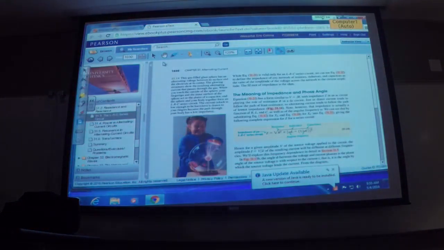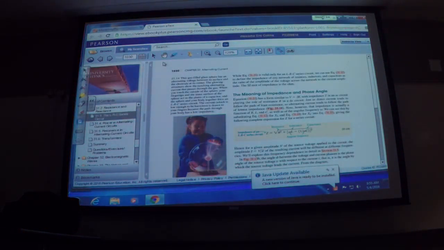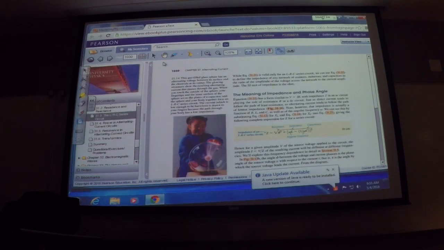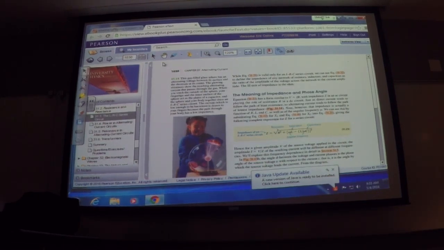My suggestion is just calculate the reactances separately, so it makes it a little simpler. Especially since if there's no capacitor in the circuit, you might be tempted to put 0 in for the capacitance, which would blow this thing up. So you can't do that. It's the reactance that's 0.